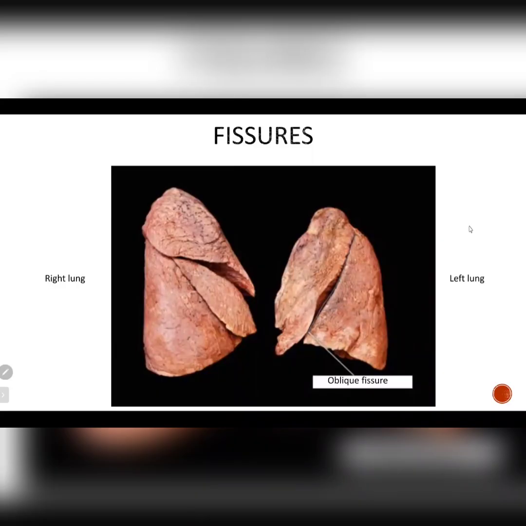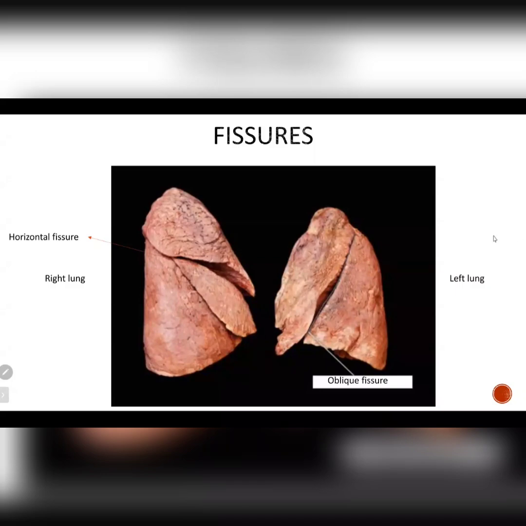Now, can you see the right lung has one more additional fissure, which is called the horizontal fissure. So please keep in mind the right lung has two fissures, the oblique fissure and the horizontal fissure, whereas the left lung has only one oblique fissure.